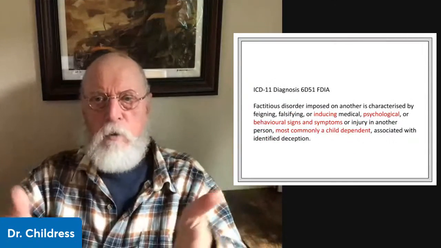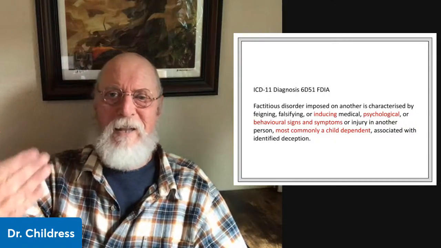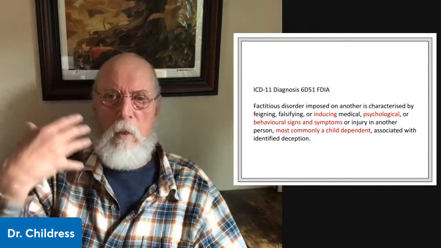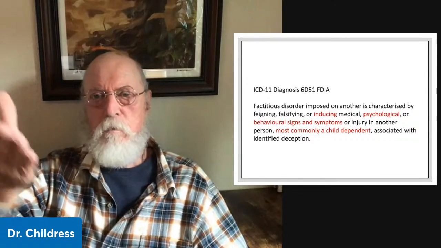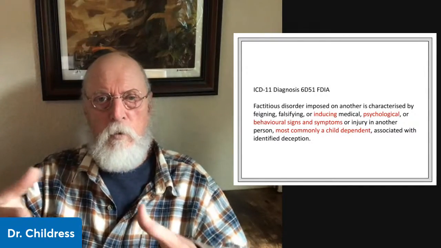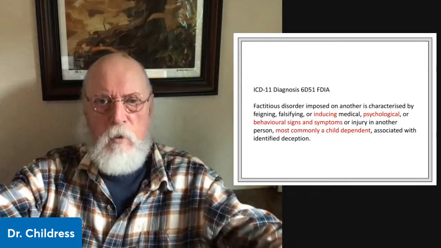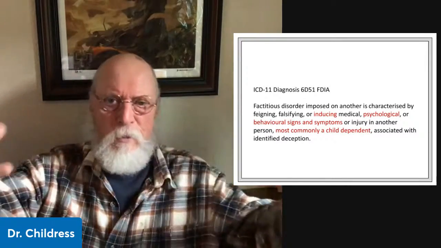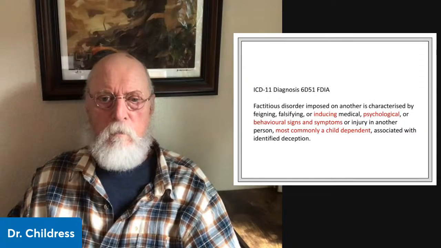So let's apply those diagnostic criteria. The allied parent is inducing psychological symptoms and behavioral signs and symptoms in the child dependent in order to deceive the court and mental health professionals about the parenting of the targeted parent, making allegations of abuse when there is none, based on these false induced child symptoms.